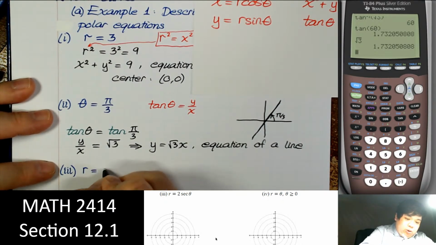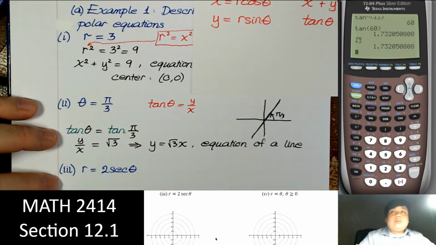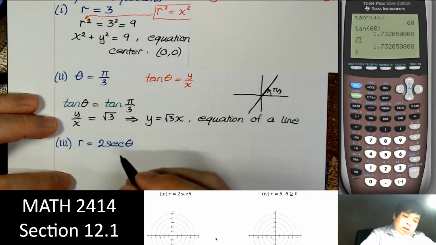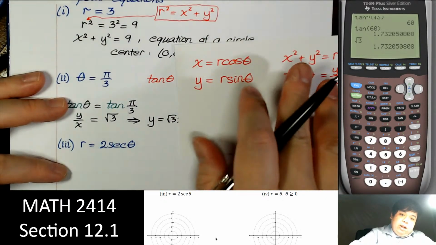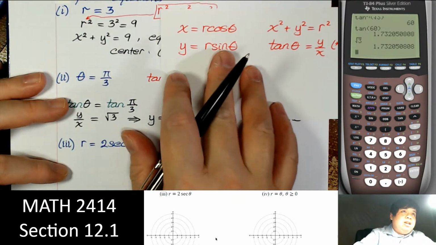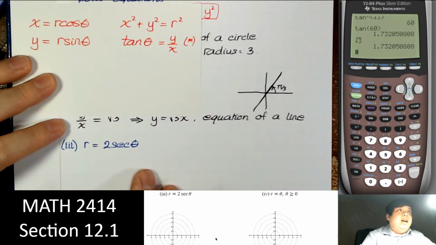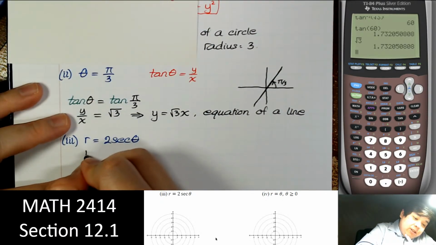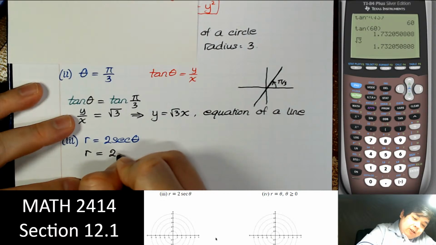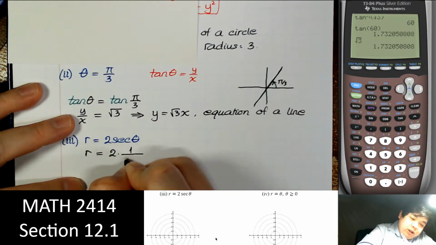Have r equal to 2 secant theta. We can use any of this. So first of all, secant is 1 over cosine.